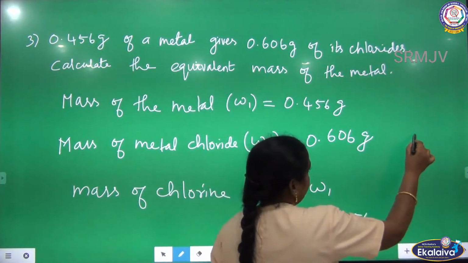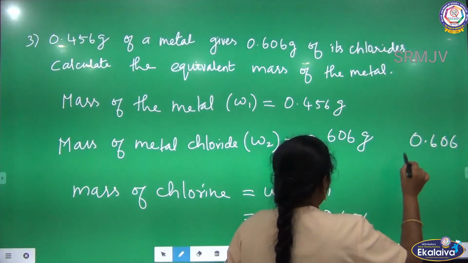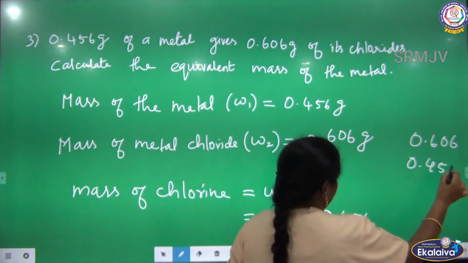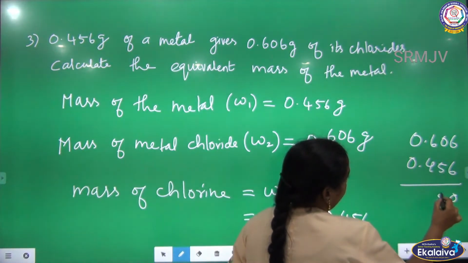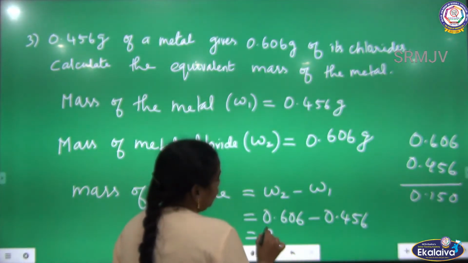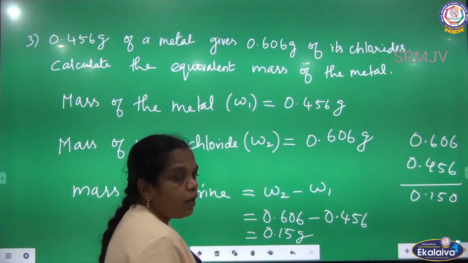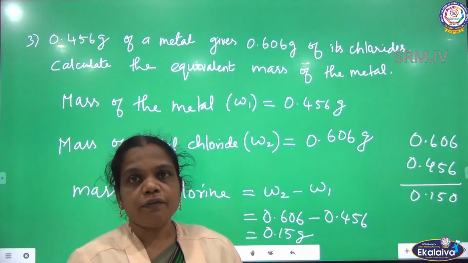Now, you subtract and see, 0.606 and 0.456, so this is 0.15 gram. So, the amount of chlorine present in the metal which combined with the metal is 0.15.